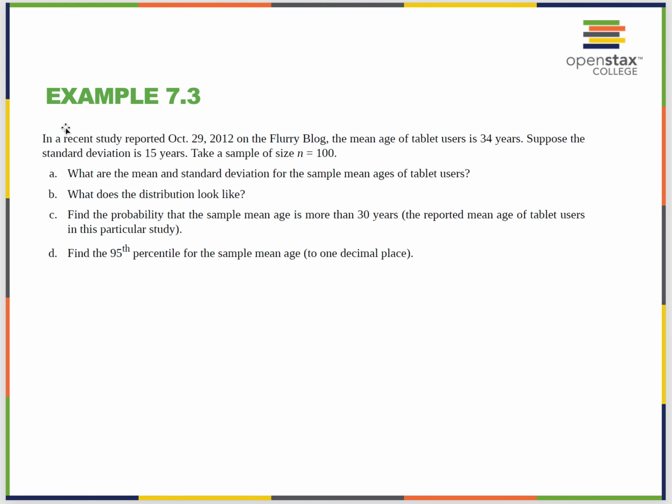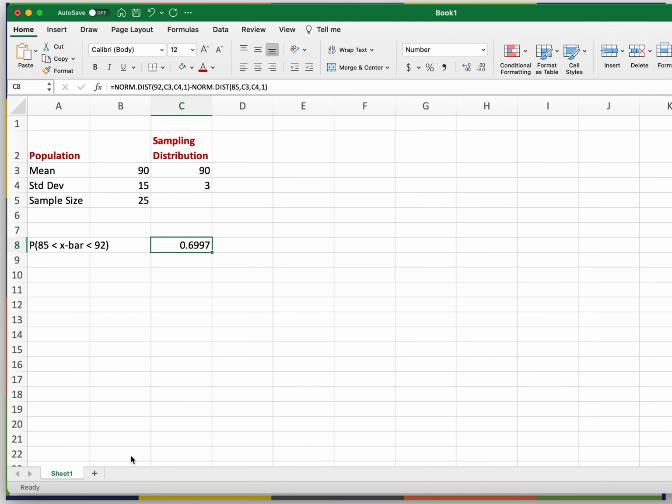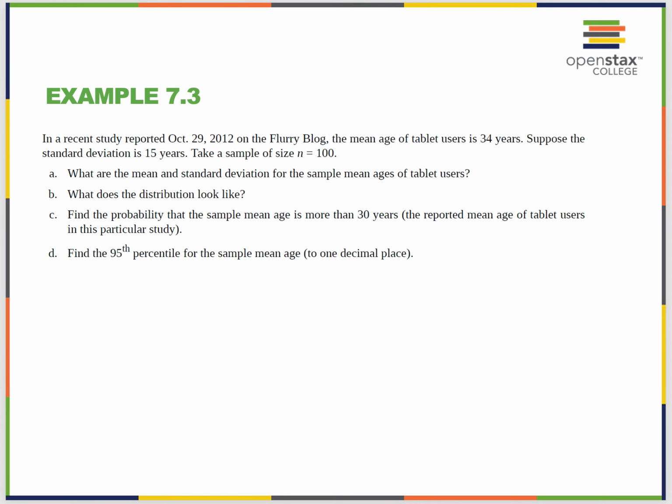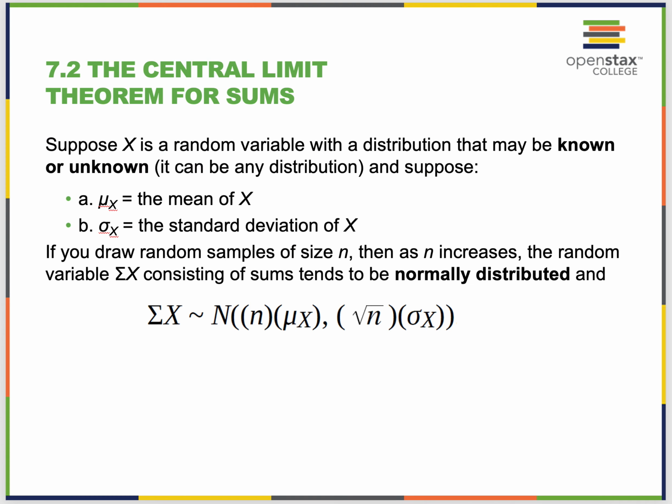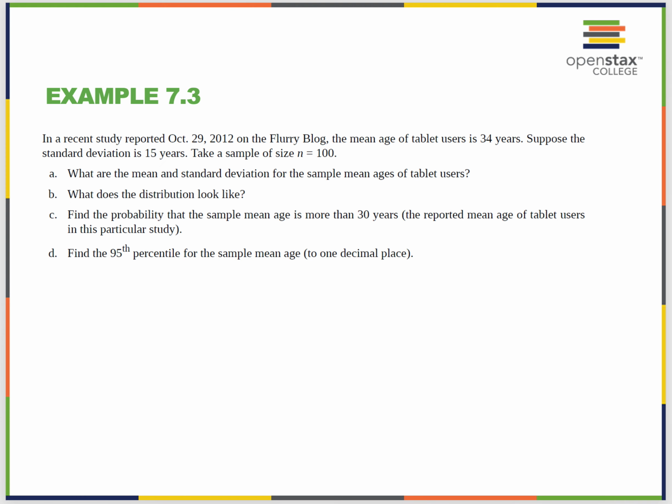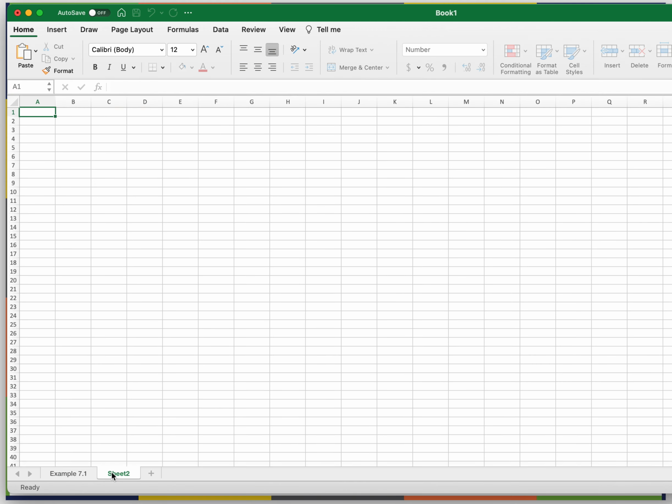Okay, so we got this problem, example 7.3. This was example, I believe 7.1, not sure. Let's see. Yes, that was example 7.1. And now we're looking at example 7.3.